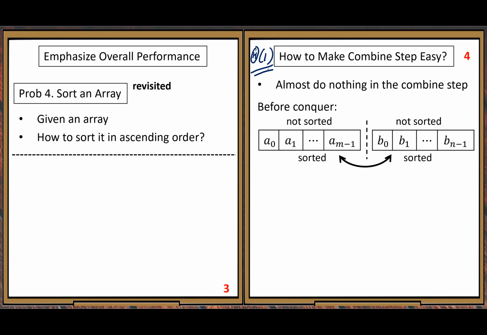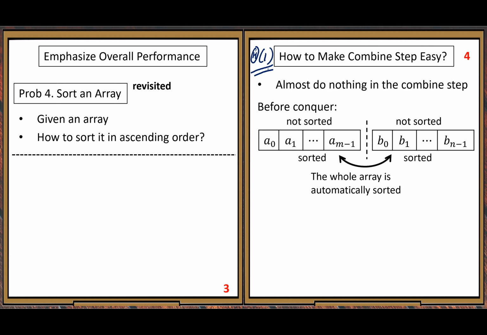We have to have some special condition on our data. That condition is important. So we just put one after another, and the whole array is automatically sorted under some condition.